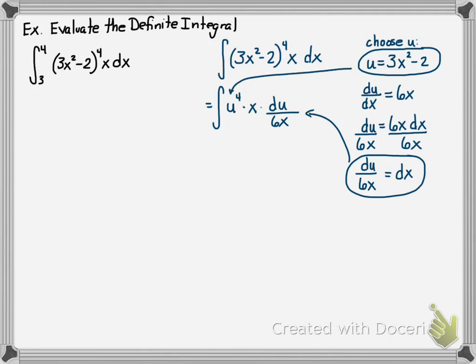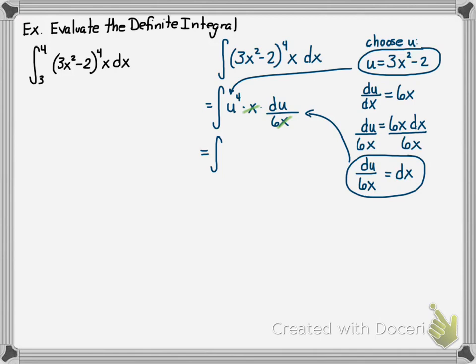Okay. So looking at what I have now, I'm kind of happy because I see that I have an x in the numerator and a 6x in the denominator, so the x's will cancel, and that leaves me with the integral of u to the fourth du over 6.